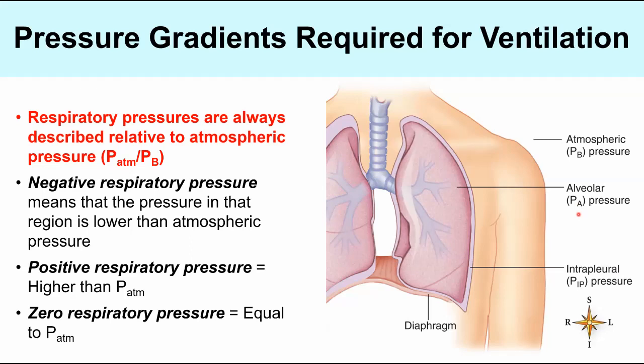Just to refresh, if our atmospheric pressure is 760 millimeters of mercury, and I'm describing something as having negative respiratory pressure, what I'm saying is that the pressure is less than 760. On the flip side, positive respiratory pressures are higher than atmospheric pressure, those that are greater than 760 millimeters of mercury.